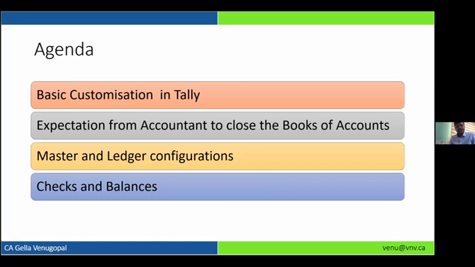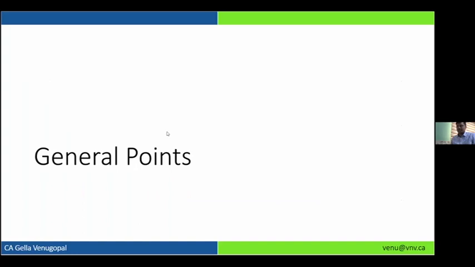I would like each one of you to make notes, whatever you think is appropriate, so that you can have your internal SOPs. Then what are the configurations that are expected to be done in master at ledger levels, and certain checks and balances that you can think of having. So to start with, we will look at the general points.